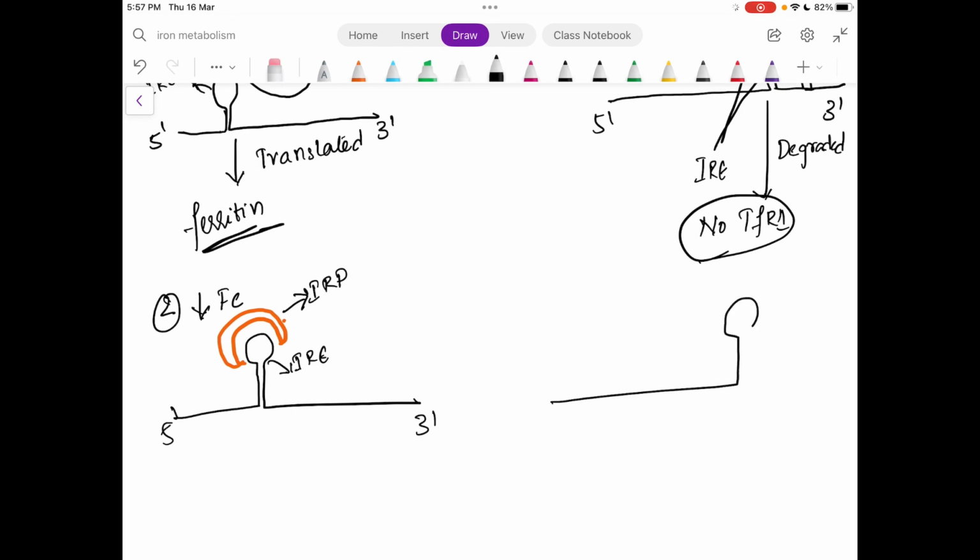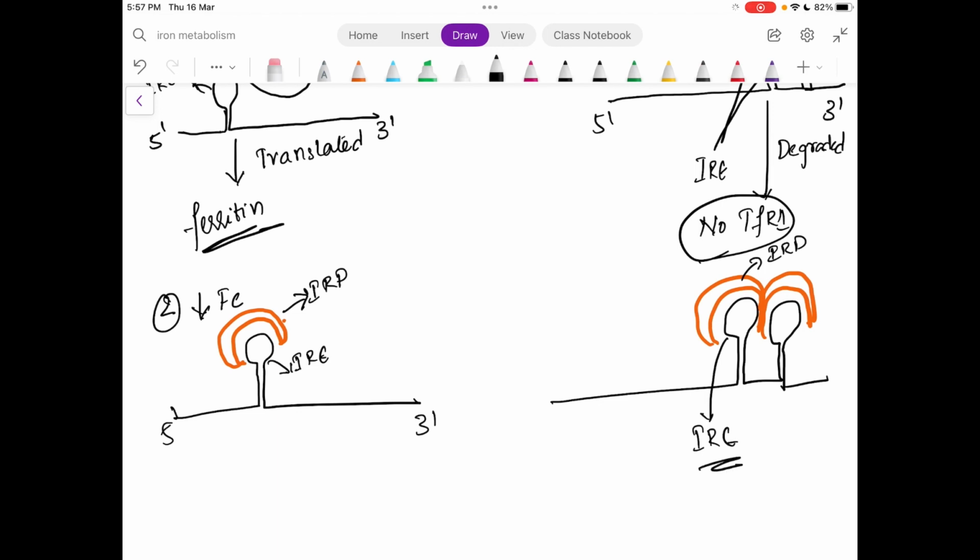What happens at the transferrin receptor level? Here also this IRP will bind with the iron response element. This is IRP, this is IRP, this is iron response element.